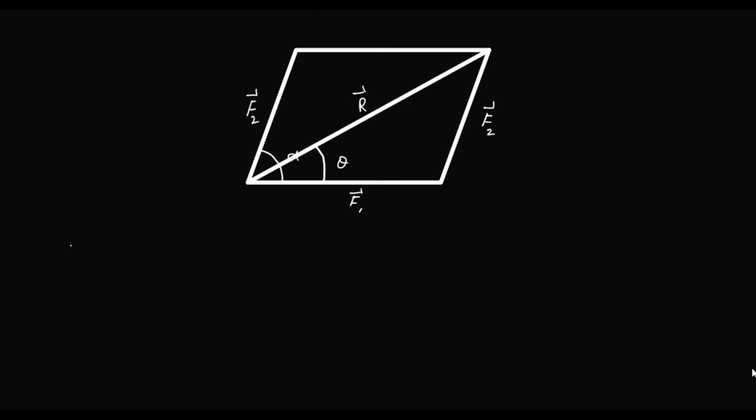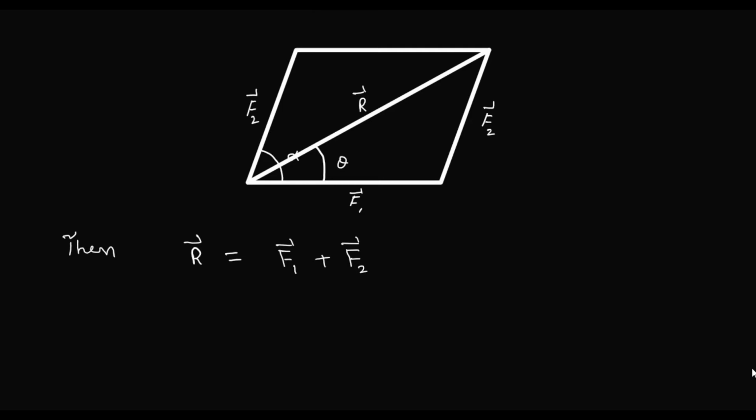By the head and tail rule, we know that the resultant is equal to the sum of the forces, so R is equal to F1 plus F2.